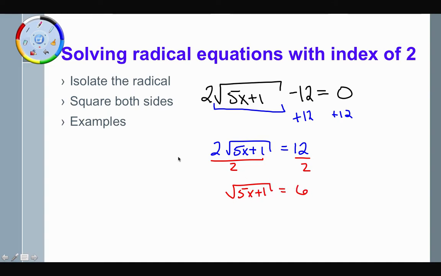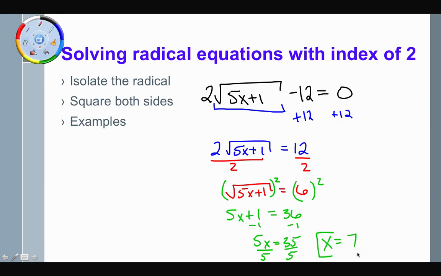Now we have the radical isolated, and therefore we can square both sides to finally solve for x. Squaring the square root, we get 5x plus 1 by itself equals 6 squared, which is of course 36. Minus 1, we get 5x is equal to 35. And dividing by 5, we get a very simple x equals 7. Now, of course, you'll want to check that number and make sure it works, which it should in this particular case.